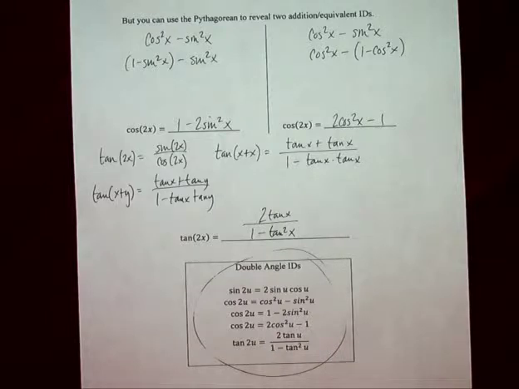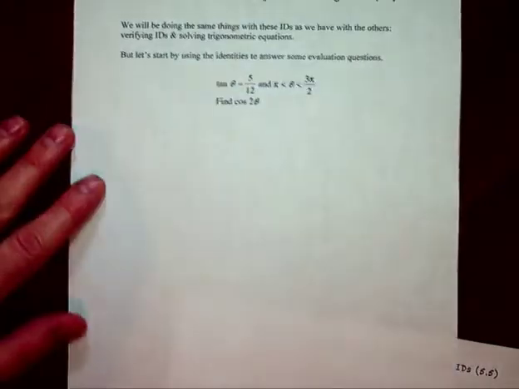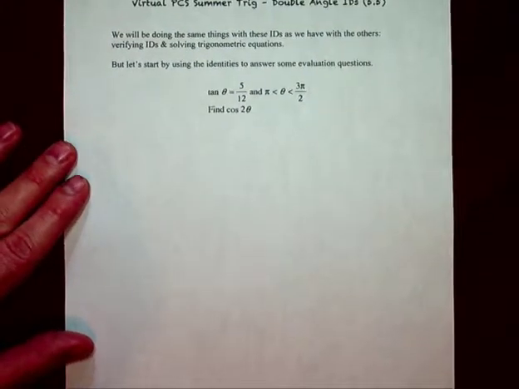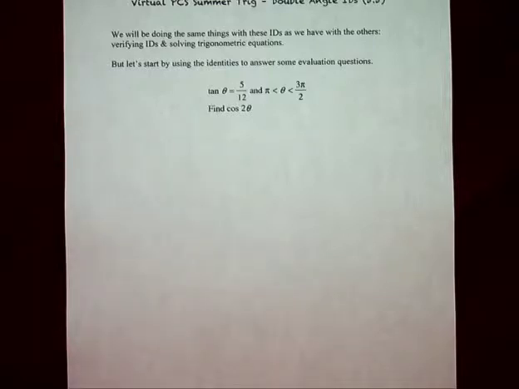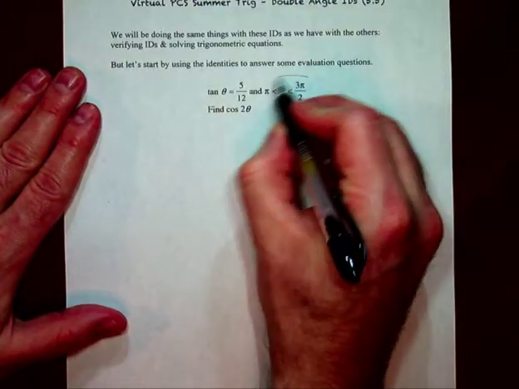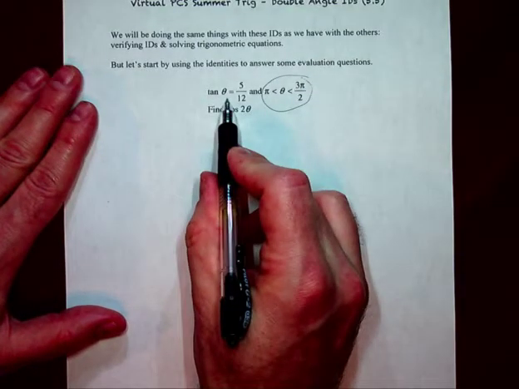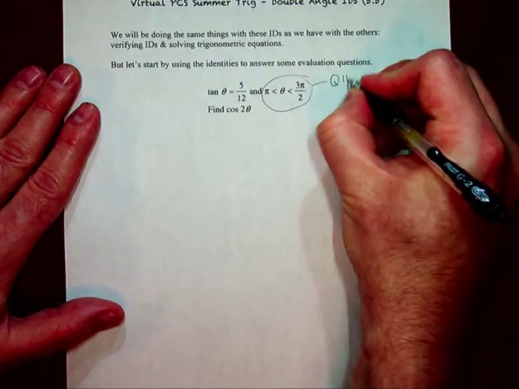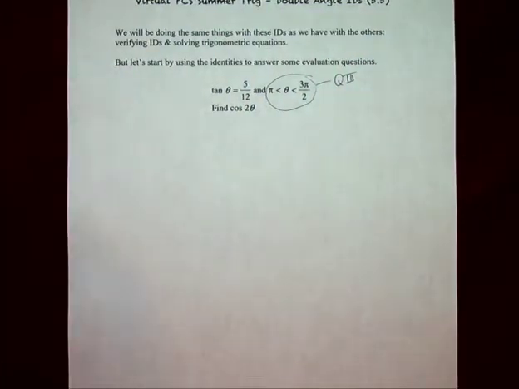But let's go ahead and use these to do some evaluation before we move on to verification and solving of equations. Now, I have tangent theta is equal to 5/12. Now this designation right here tells me, okay, because tangent can be positive in either the first or the third quadrant, this tells me that it's quadrant 3, okay?